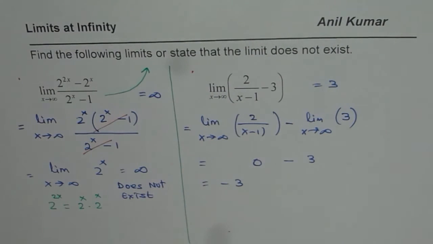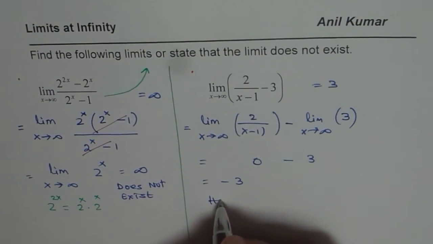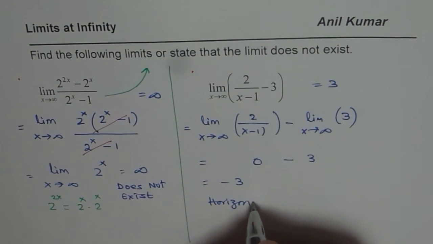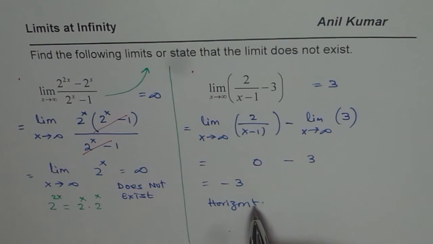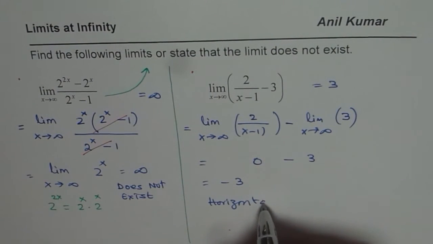So that is how you can find limits at infinity. There could be many questions where the limit does not exist when x is approaching infinity. However, you'll see many examples where it does exist, and normally we also call this a horizontal asymptote. At some places the question could be to determine the horizontal asymptote.